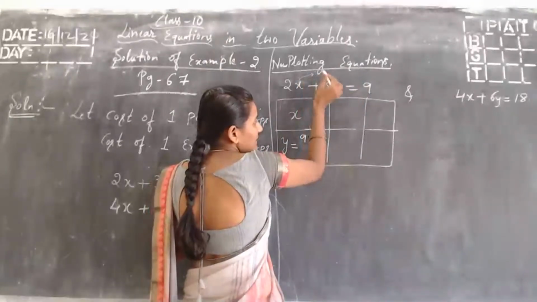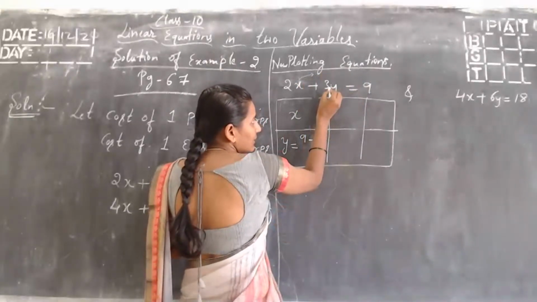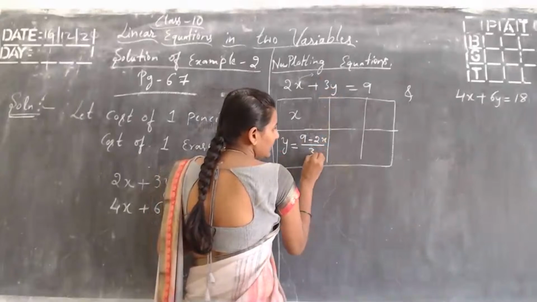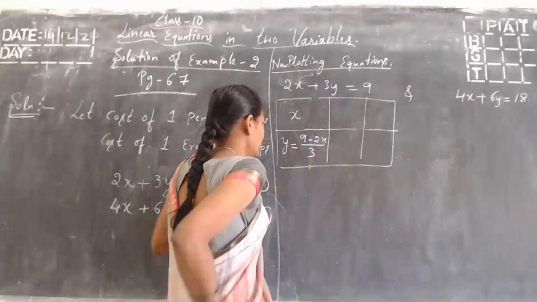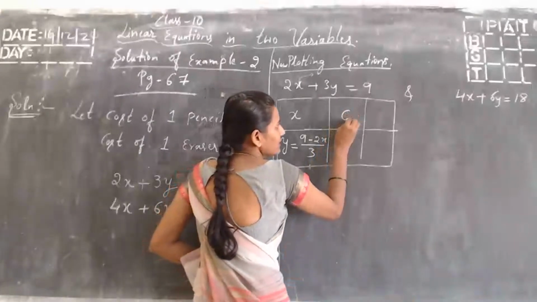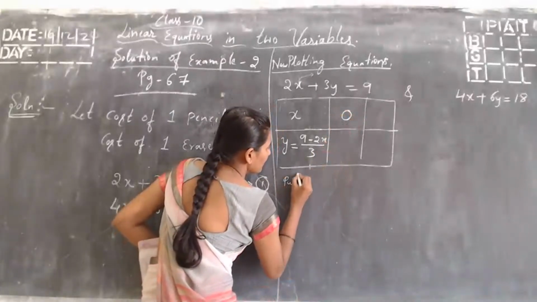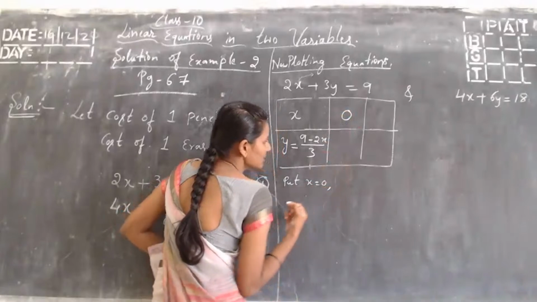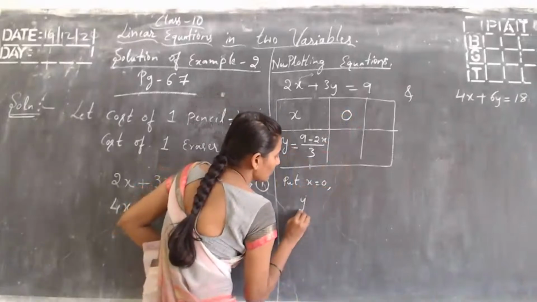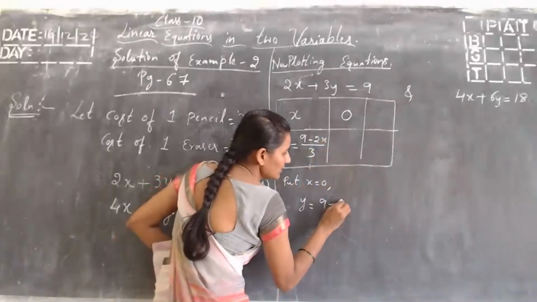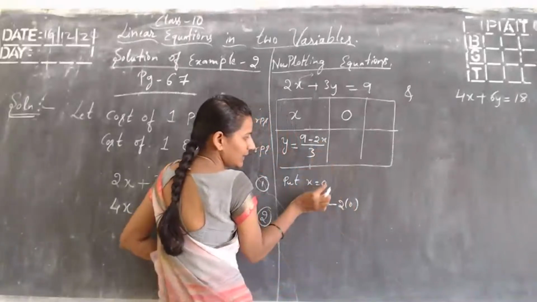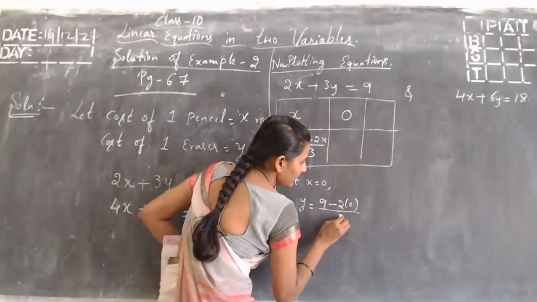This goes to the right side, this becomes minus, 3 is there, divided by 3. So now put values for x. See here, put x is equal to 0. What happens to y? y is equal to 9 minus 2 into 0, we are putting x as 0, divided by 3.